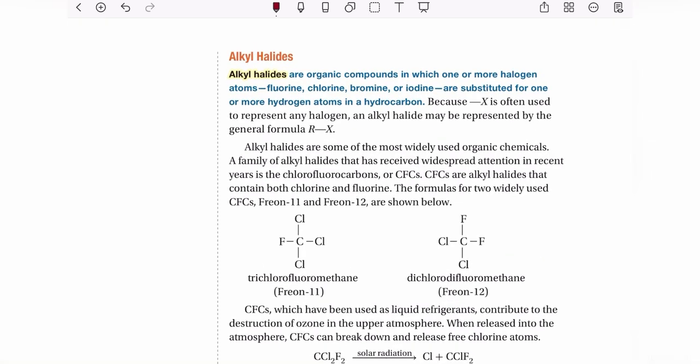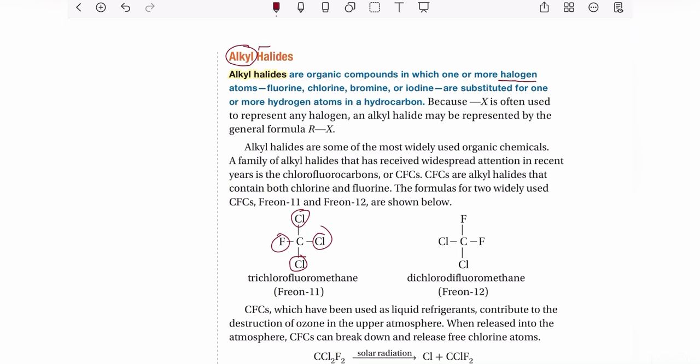Thus the name, halides. So the alkyl part comes from the fact that they're kind of alkyl groups because they're attached to the parent carbon atom. So that's where the name alkyl comes from. And then halides is from the fact that we have halogen alkyl groups.